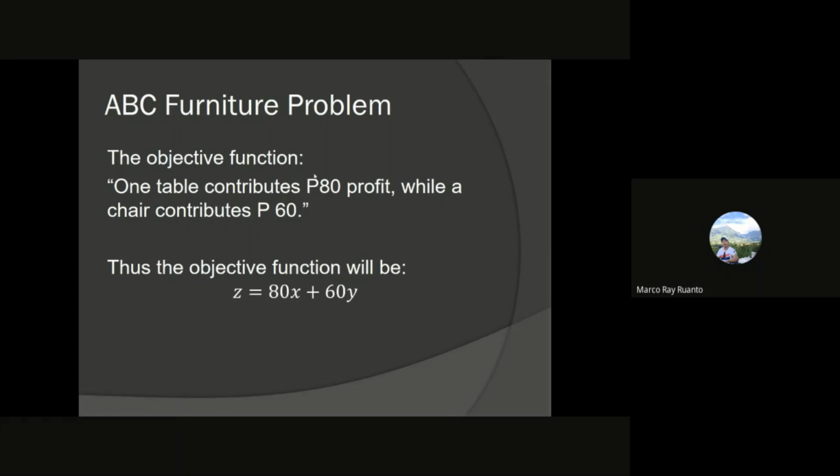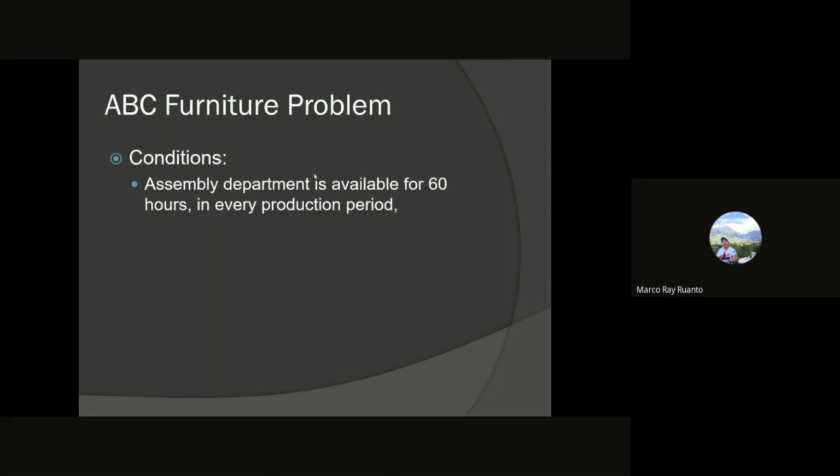Since we now determined our goal and defined our objective function, next we determine the conditions we need to satisfy in the problem, and we call those the constraints. The first condition is that the maximum availability for the assembly department is 60 hours, while for the finishing department it is only 48 hours.